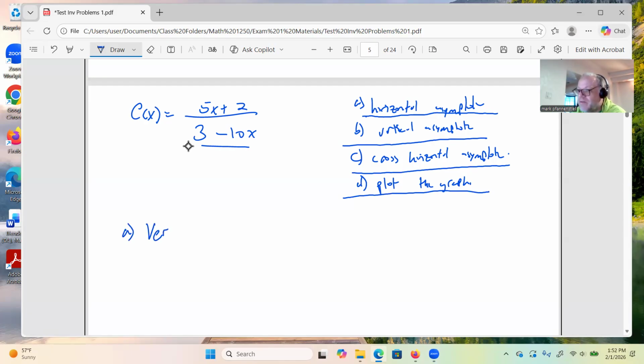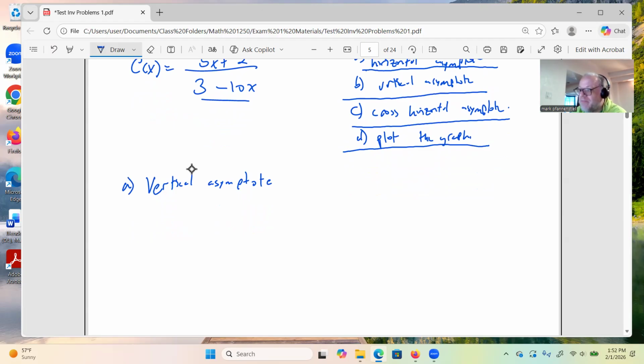First thing to do, what is the vertical asymptote? Not every function has one, right? The way you tell is can the denominator be set equal to 0, and can you solve it? So we have 3 minus 10x equals 0. We're going to add 10x to both sides, so we have 3 is equal to 10x.